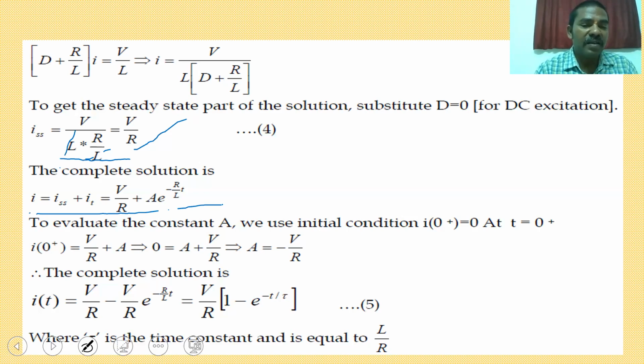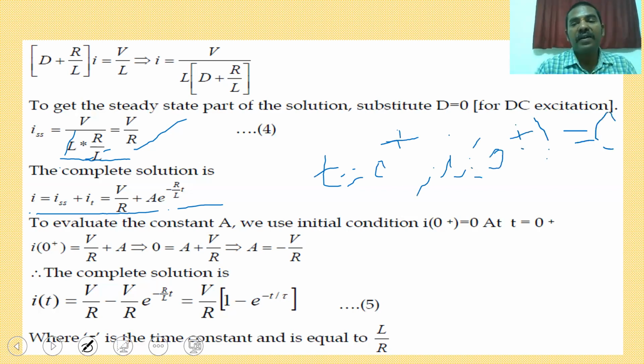Your I of 0 plus is 0 only. Are you understanding? So I of 0 plus is 0 only.